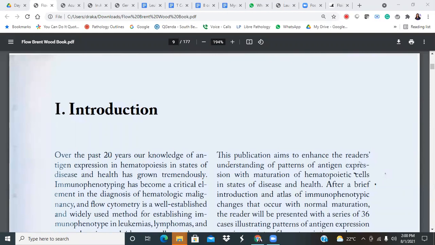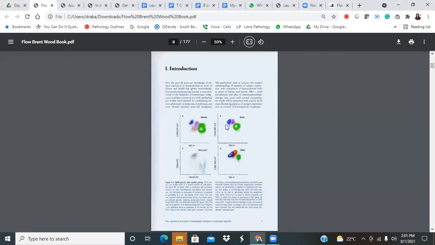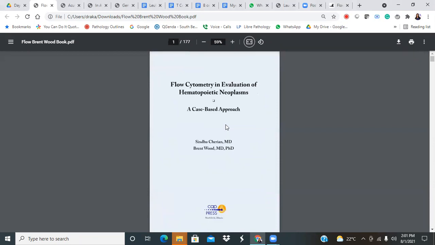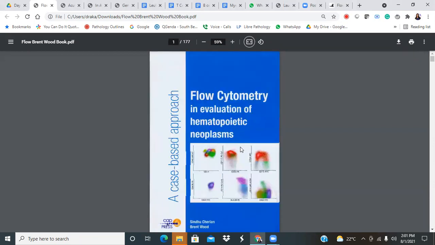From the internet, I could get this Flow Cytometry in the Diagnosis of Hematopoietic Neoplasia by Brent Wood. That's the book. However, I don't have that book which you are talking about. No, I'm talking about this book, the Case-Based Approach. I see. This is the one that you got? No, I got something on the internet. Oh, okay.